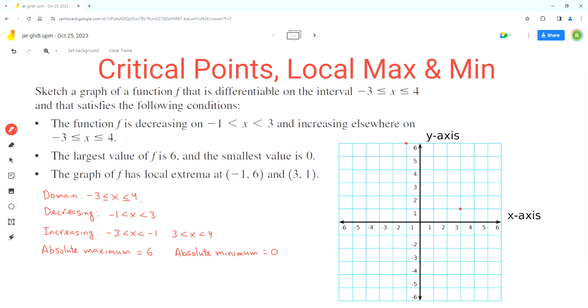Now we can analyze the first extrema, (-1, 6). Now we are also given that the absolute maximum is at 6 and that represents the y coordinate of the absolute maximum point. So that means this local extrema (-1, 6) is the local maximum.